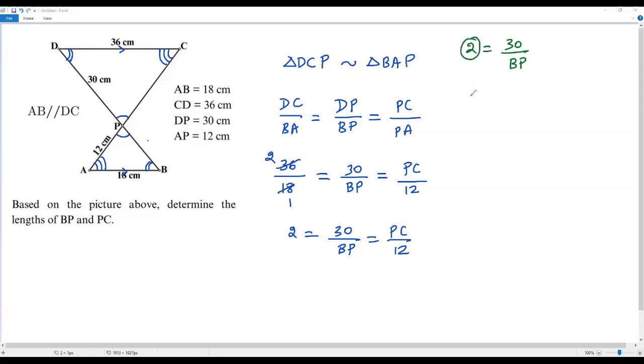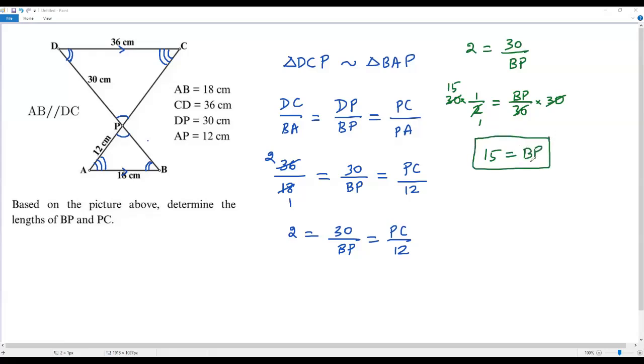When I take the reciprocal of 2, it becomes 1 over 2, and when I take the reciprocal of 30 over BP, it becomes BP over 30. To solve for BP, I have to get rid of this 30 in the denominator. For that, I multiply both sides by 30, so this 30 will cancel. 2 goes into 30 fifteen times, and 1 times 15 is 15. So now I got the length of BP.